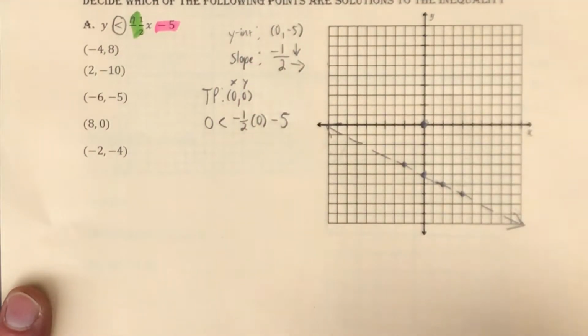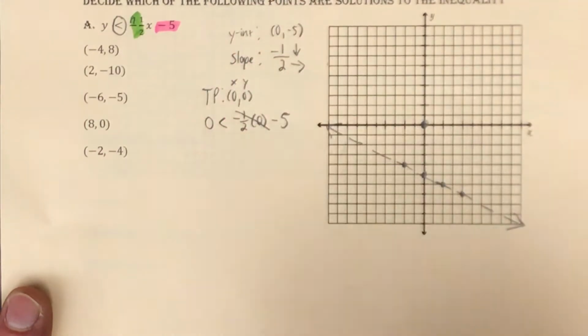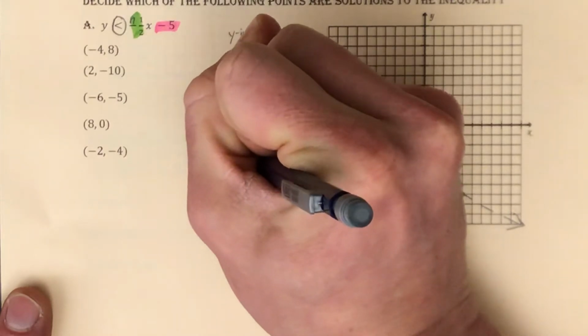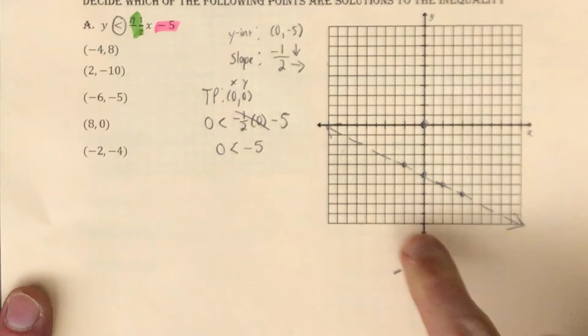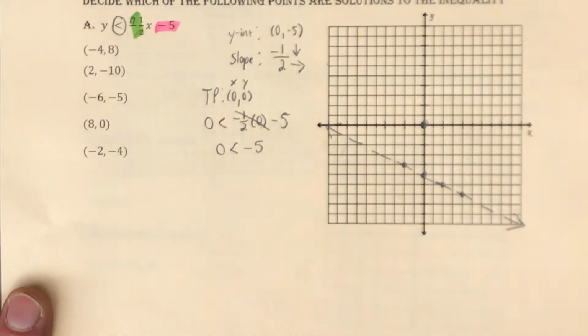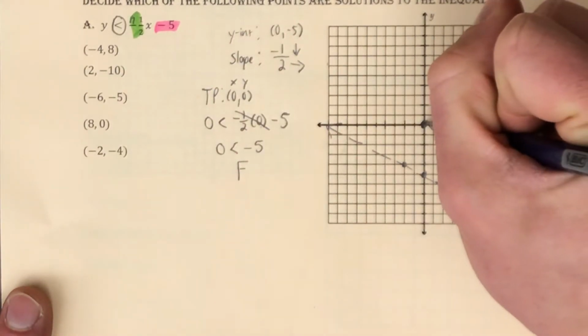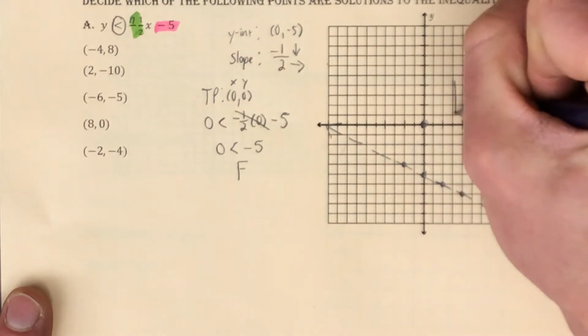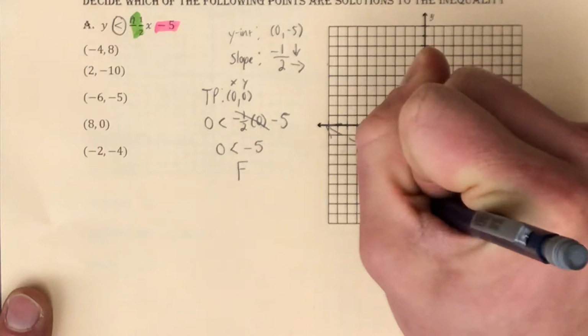As we've talked about, anything times 0 is still 0, so this whole thing cancels, and we're left with 0 is less than negative 5. Once we've got it down to the 2 numbers to compare, we need to decide if that's true. Well, 0 is not less than negative 5, so that is false, which means everything on the side of the line with the test point is false, and everything on the opposite side is true.